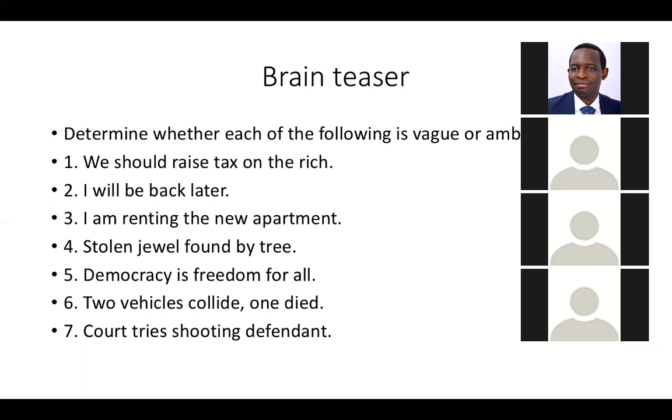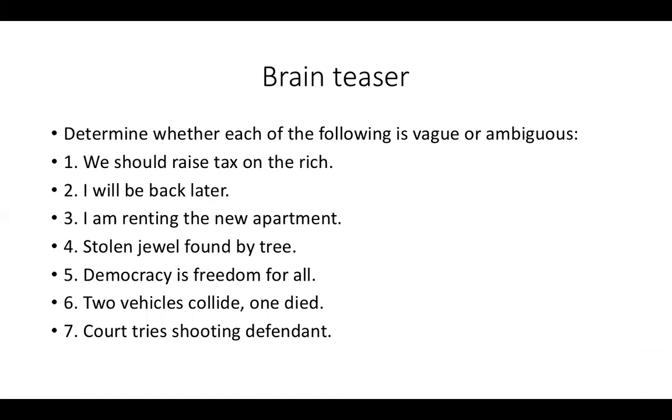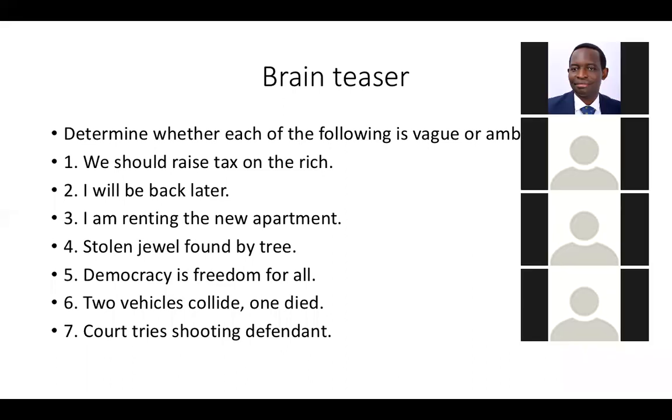In Nigeria, $1 is about 500 naira. Can you say a millionaire in Nigeria is a millionaire in the United States? No. So it means that the homograph in statement 1 is "rich." The meaning of rich is not clear. There's no boundary of application. So statement 1 is vague.